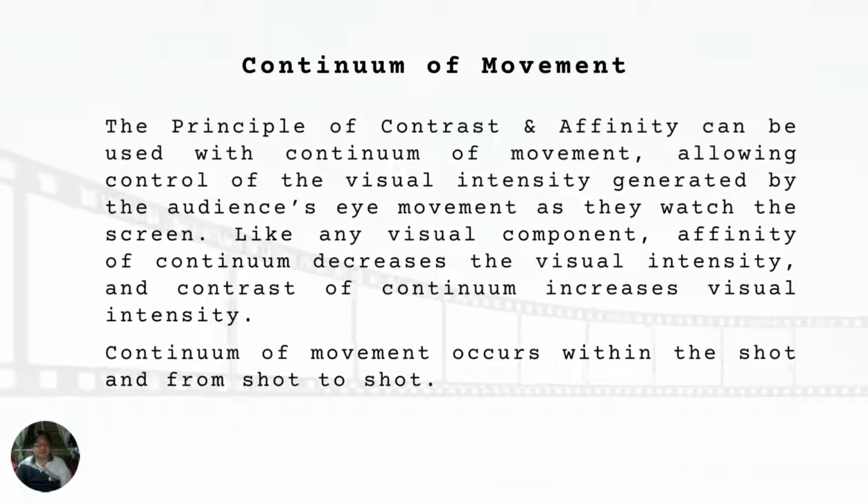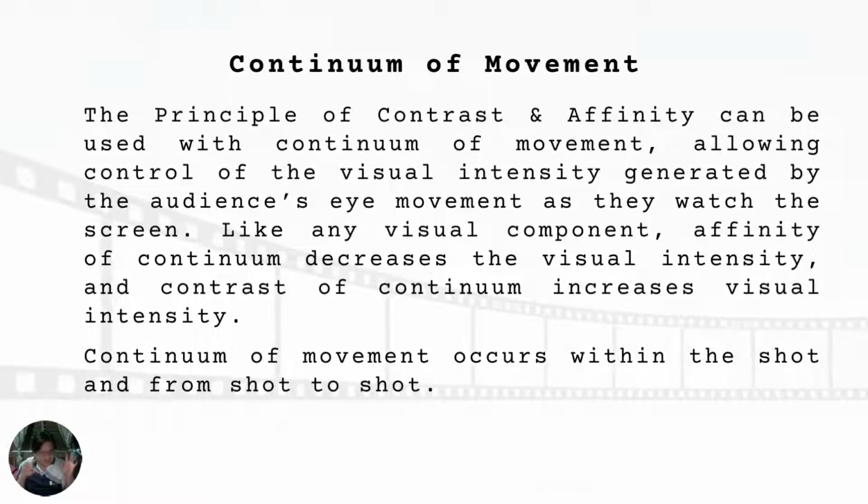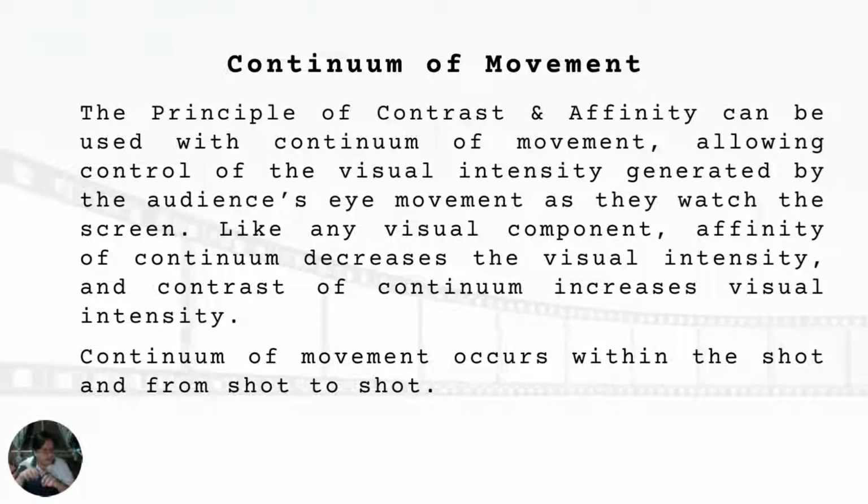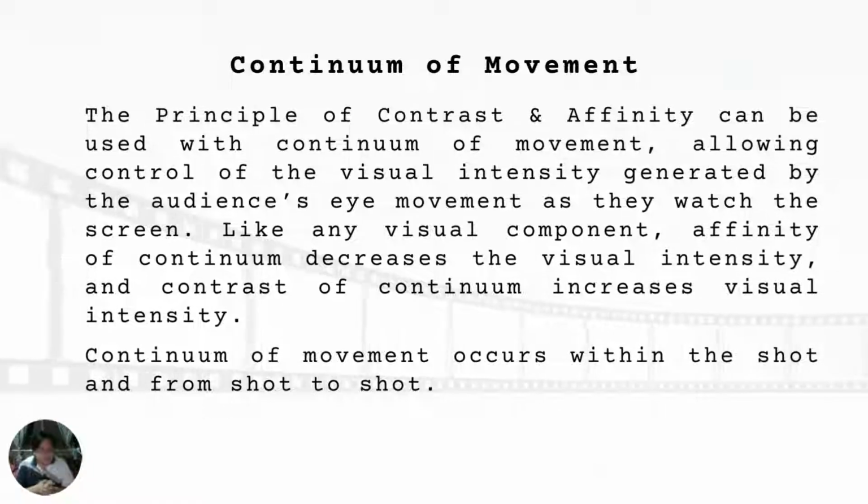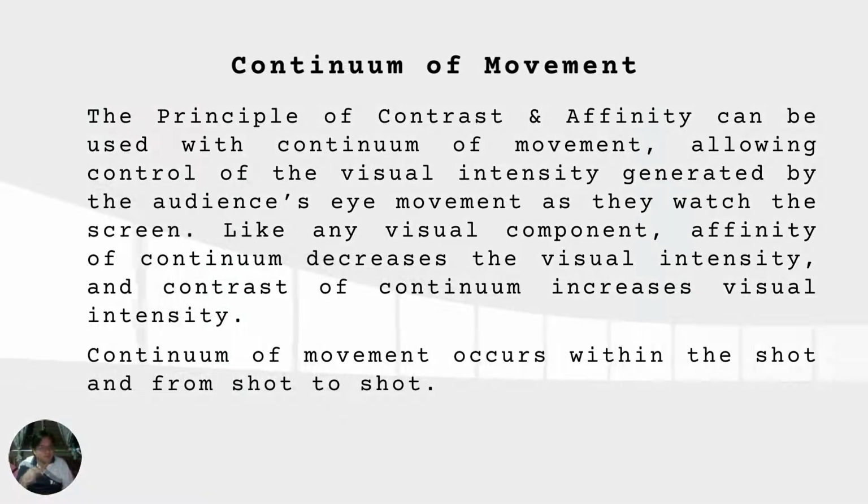Now, in terms of continuum of movement, so ito na. This is actually where every element or every component comes to mind. Okay? Now, the principle of contrast and affinity can be used with continuum of movement also, allowing control of the visual intensity generated by the audience's eye movement as they watch the screen.